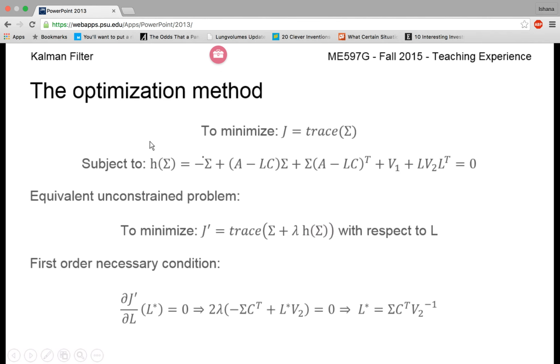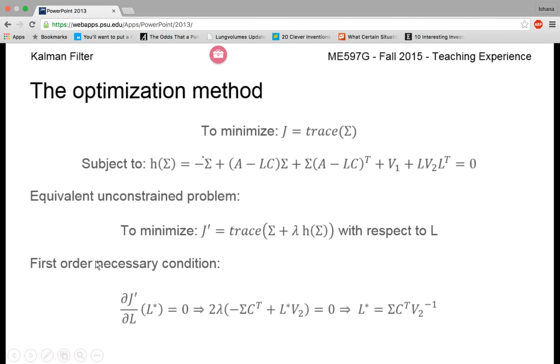This problem is a constrained minimization problem, and we reduce it to an equivalent unconstrained problem by adding the term lambda into H of epsilon to the objective, giving a new objective function, which we will now optimize with respect to L.